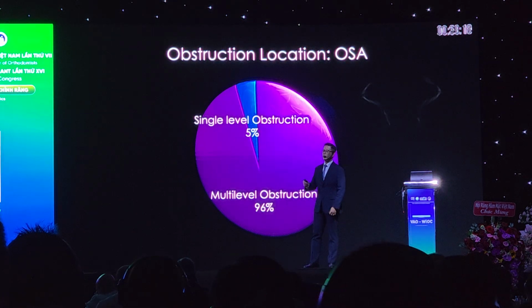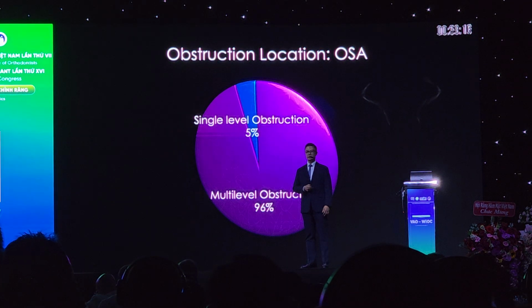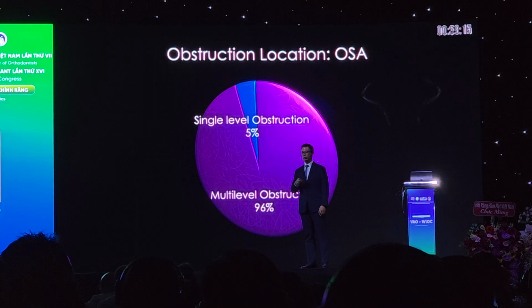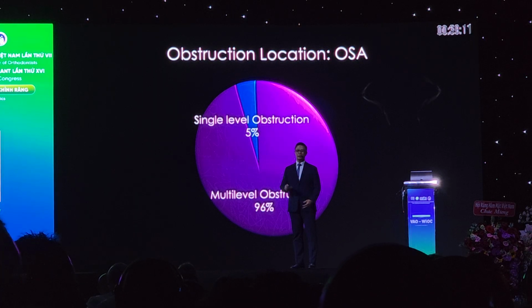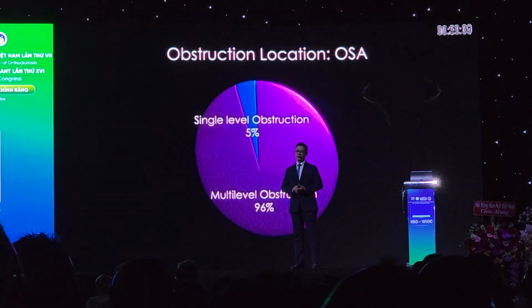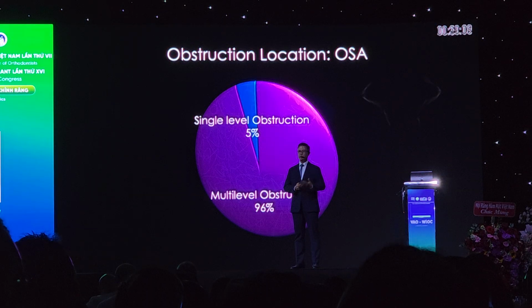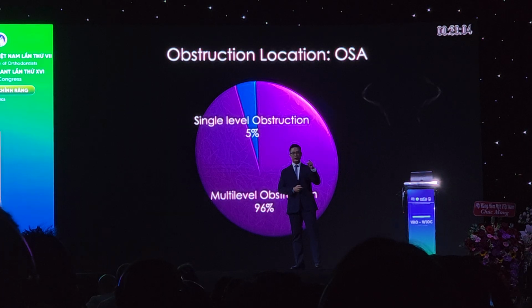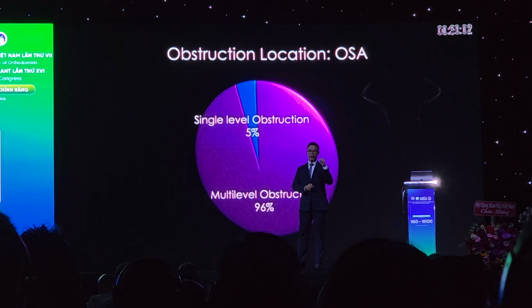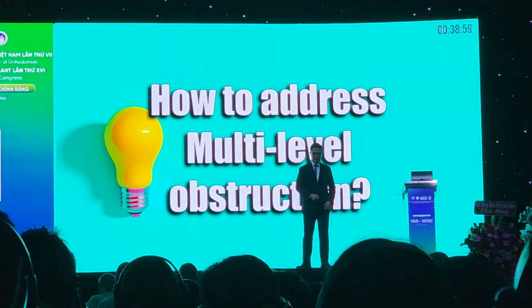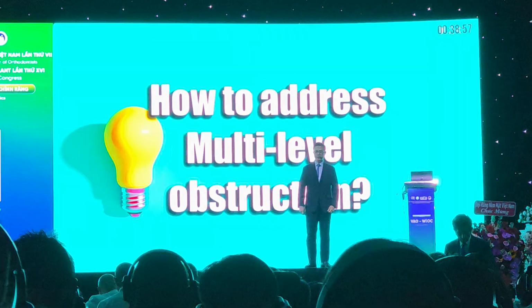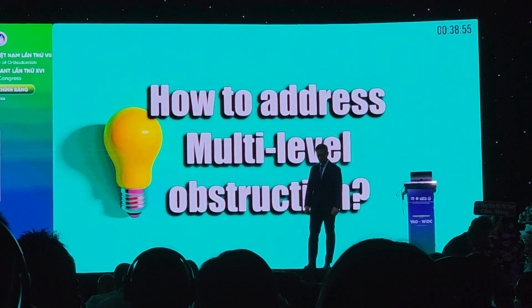So that's the reason why a lot of ENT procedures like UPPP, uvulopalatopharyngoplasty, and all the other types of ENT surgery don't work that well, because of the nature of the multi-level obstruction. If you target one specific area of obstruction, it may work okay, but in most cases it's a multi-level obstruction. So how do we address multi-level obstructions?